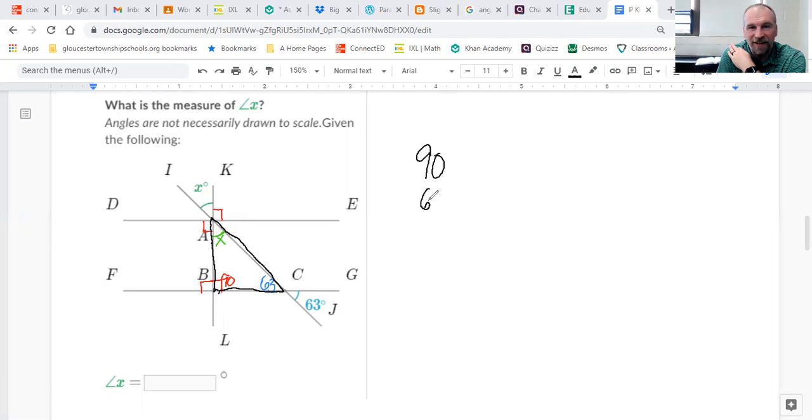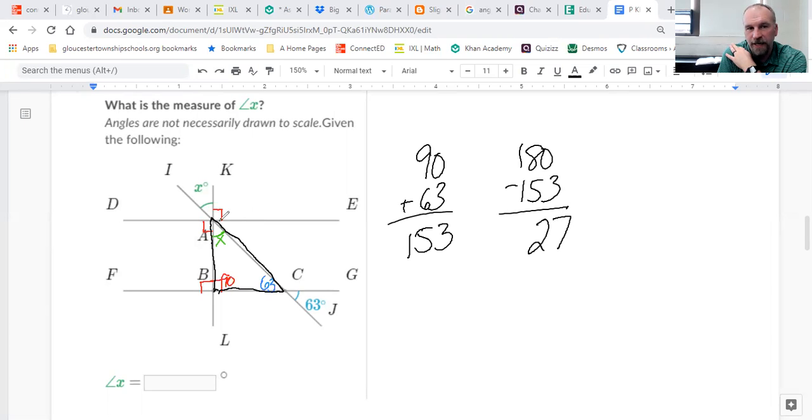I've got a 90, I've got a 63, that gives me a total of 153. And the interiors have a sum of 180. So 180 minus 153, that's a 27. It looks like X is going to be 27 inside, so it's also 27 on the outside. Always look for those verticals. The verticals are so clutch and so easy to see.